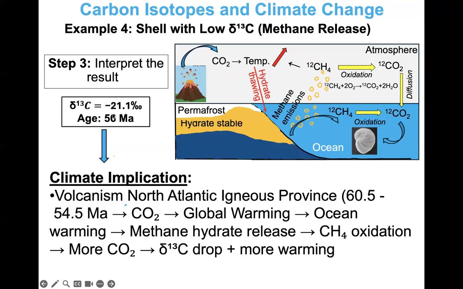But anyway, you can see how scientists interpret the results. We have your delta C negative 21. This means it's very depleted in carbon 13, which means that shell must have very... I'm gonna write down here delta 13C low, negative 21.1 means that we have this ratio right here, 12C.